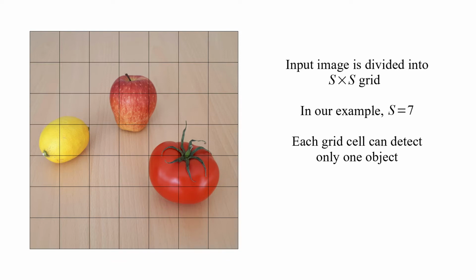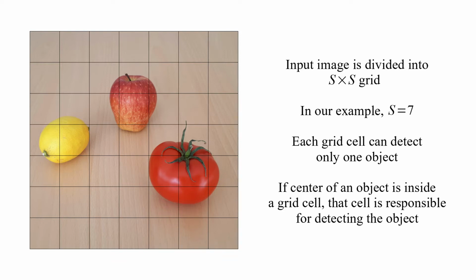Each grid cell can detect only one object. If center of an object is inside the grid cell, that cell is responsible for detecting the object. Black dots indicate object centers, and highlighted grid cells are responsible for detection.